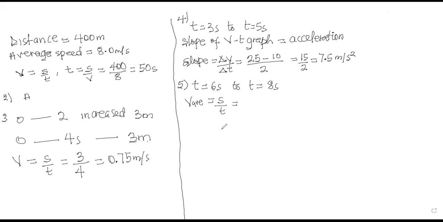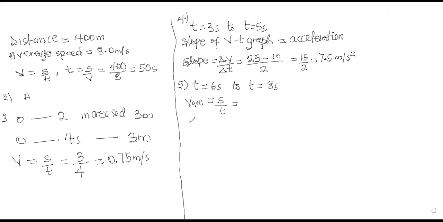You see, for a velocity time graph, the area under the graph would give you the total distance covered. So it means that the area under the time interval from 6 to 8 would give us the total distance traveled.